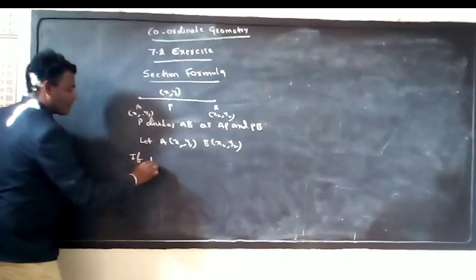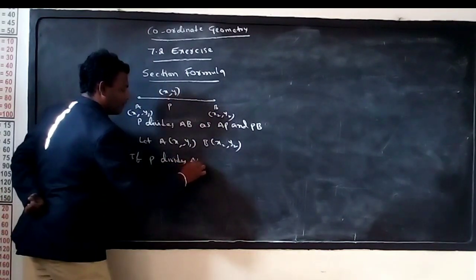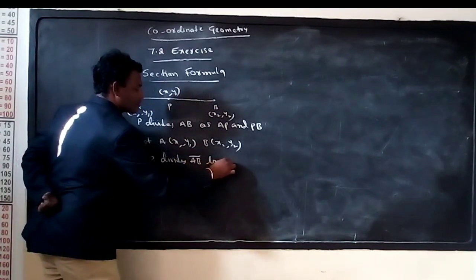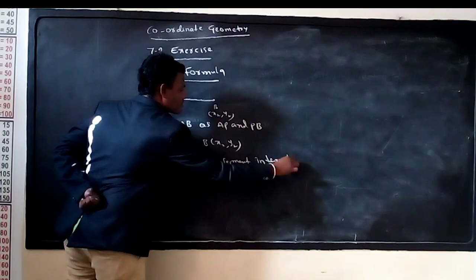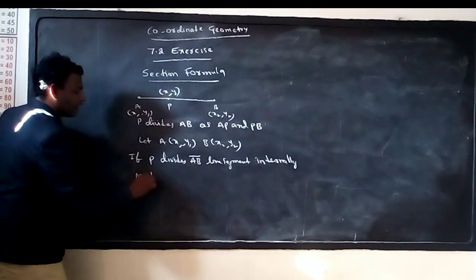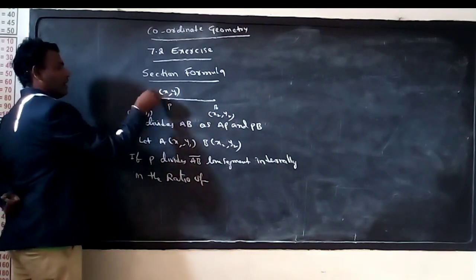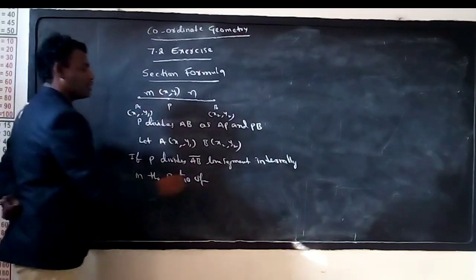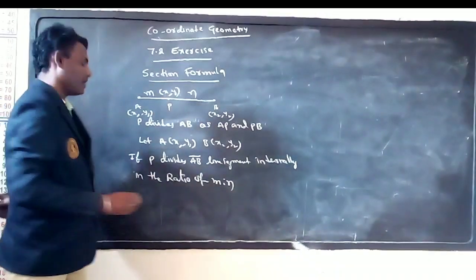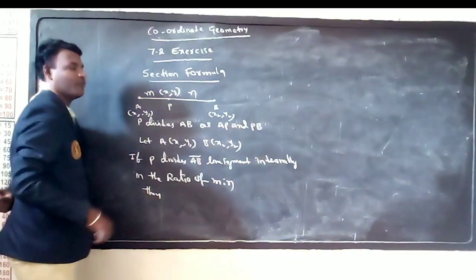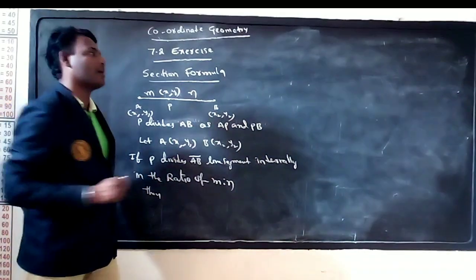If P divides the line segment AB internally in the ratio m is to n, then to find P we have a formula that is called the section formula.